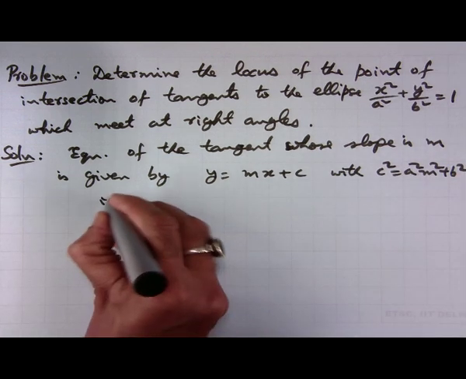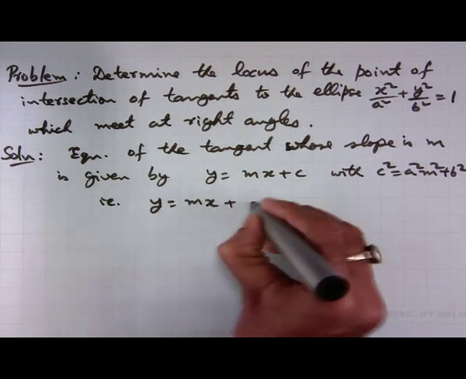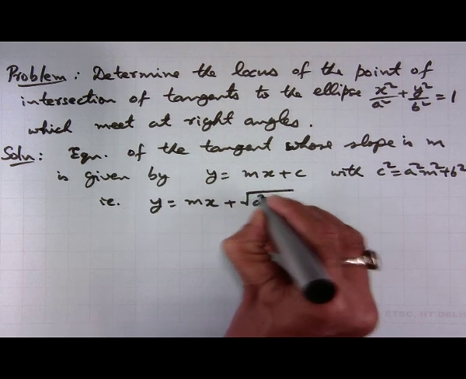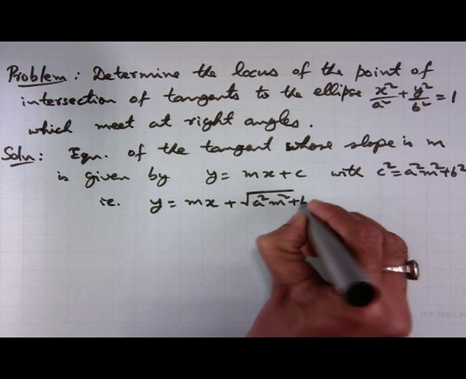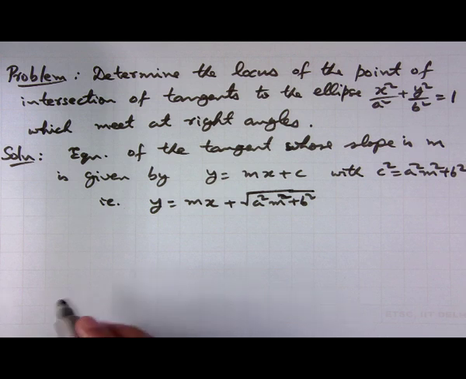That is, we have the equation y equal to m x plus square root of a square m square plus b square. So, once you know the slope, you can write the equation of the tangent.